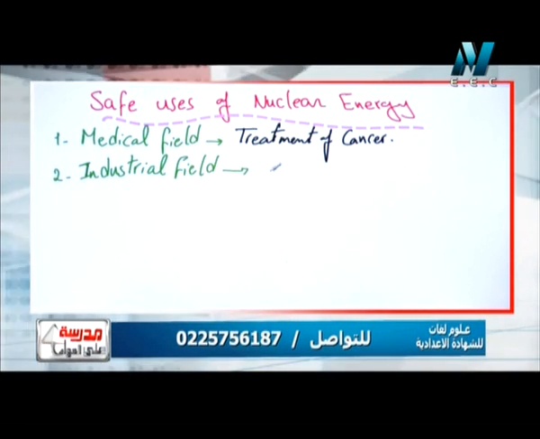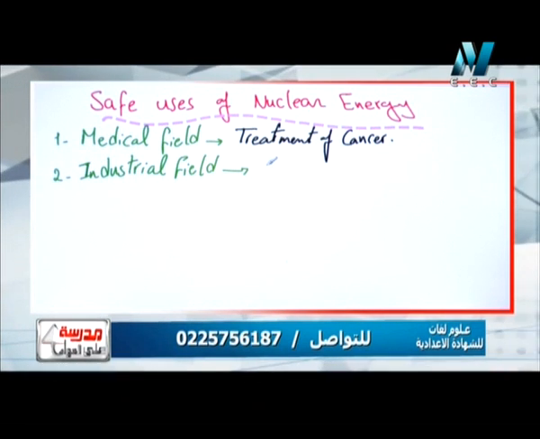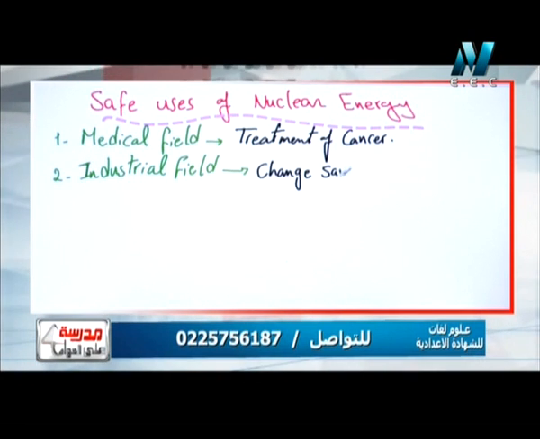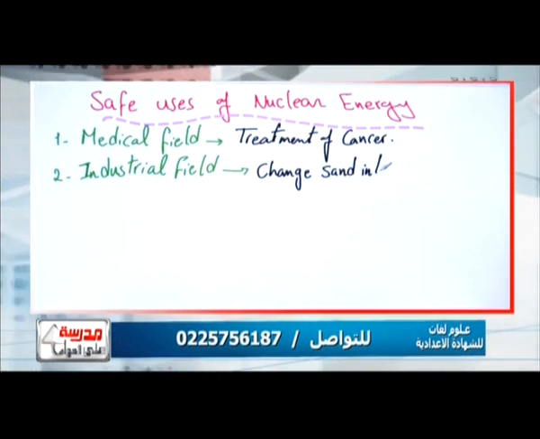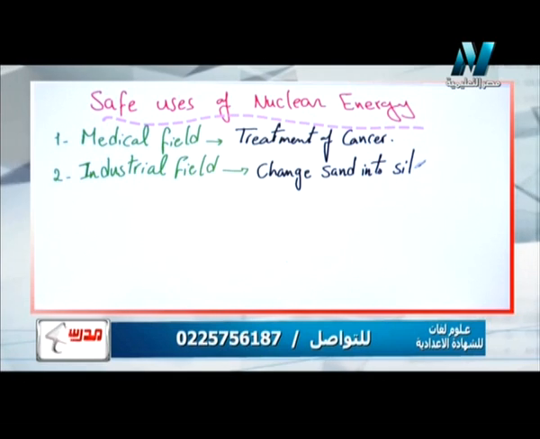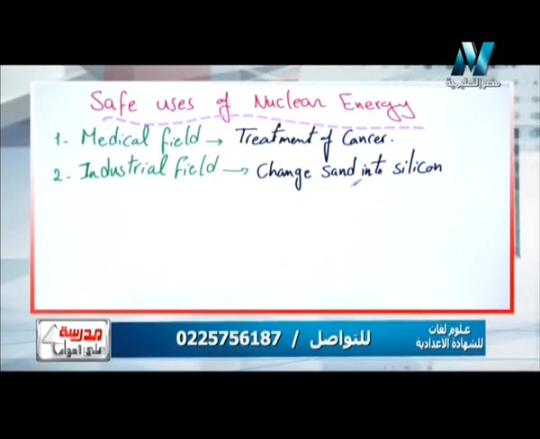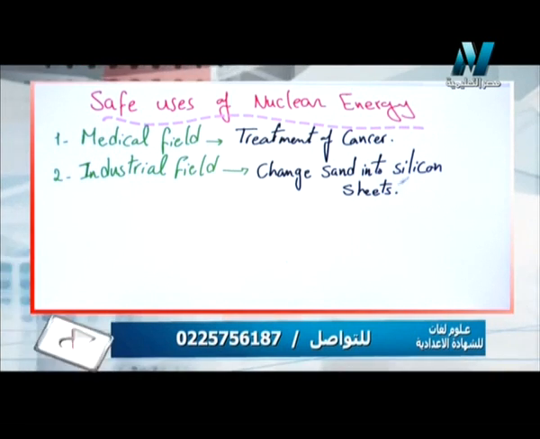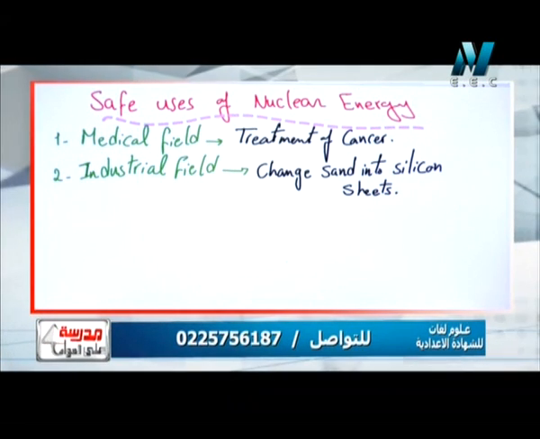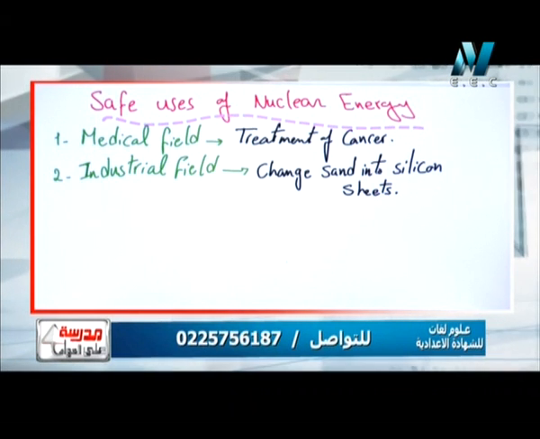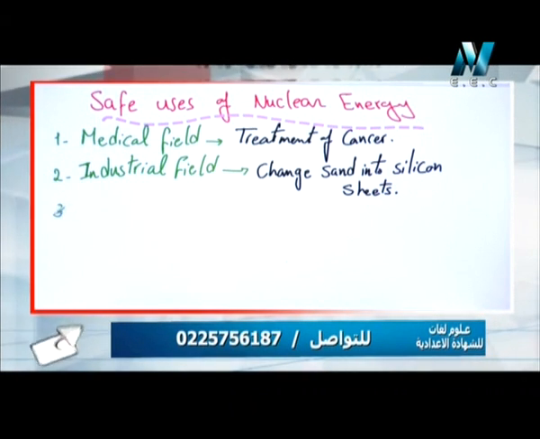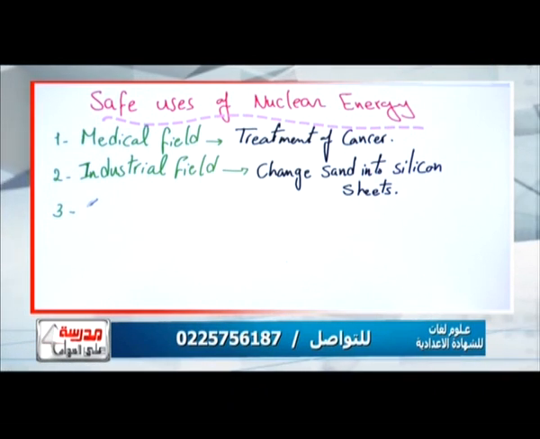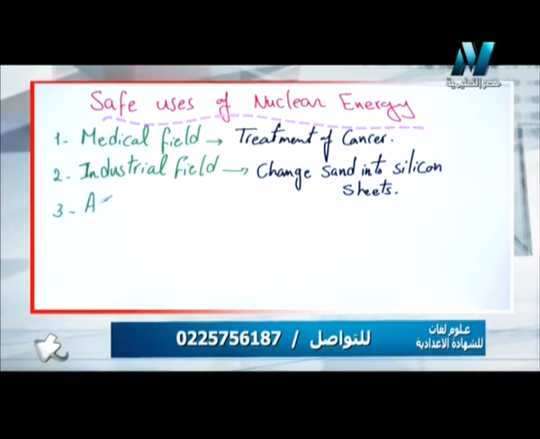As we know here, we use it to change sand into silicon sheets. And we know silicon sheets are used in electronic devices like computers, laptops, mobiles, and so on. Number three, we have another safe use of nuclear energy here, as we use it in agriculture.